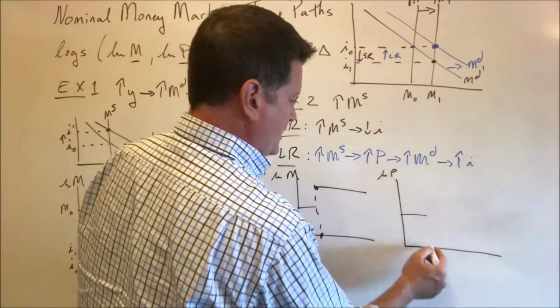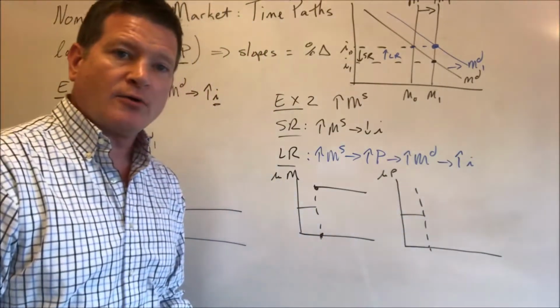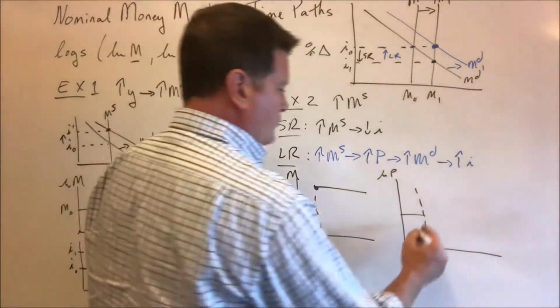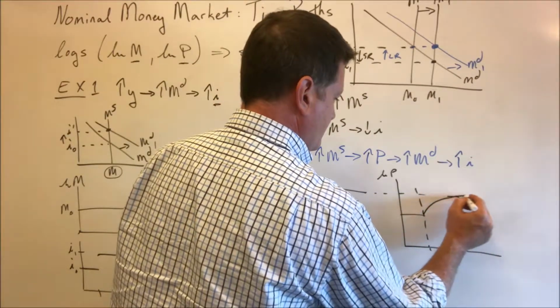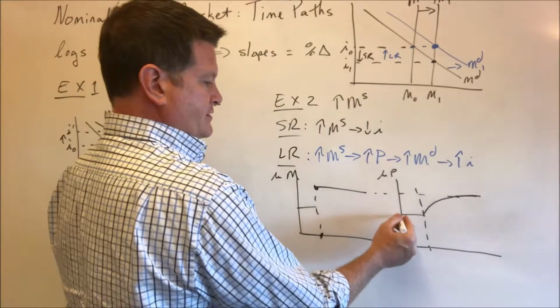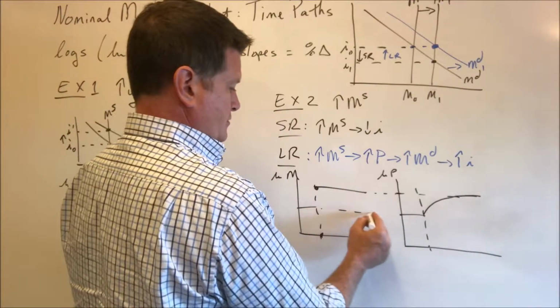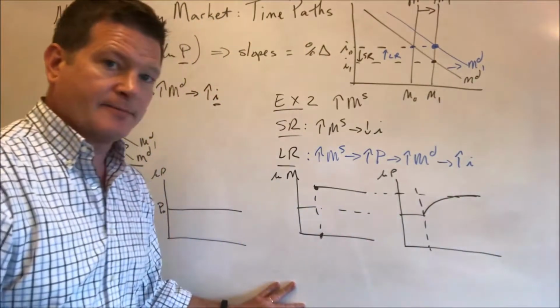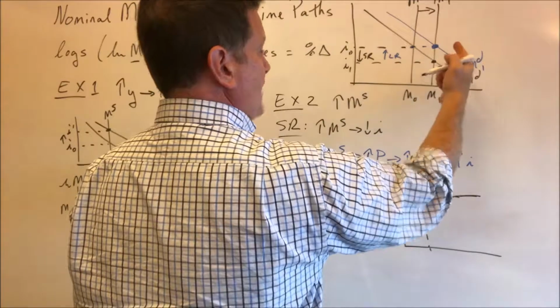When this shock hit, prices adjust slowly. So they don't move initially, but they eventually rise all the way up until the change in prices is the same as that change in the money supply.